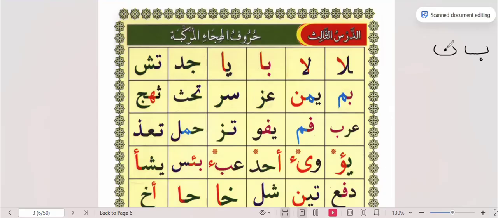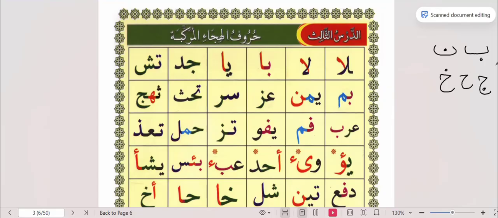Similarly, Jim, Ha, and Ha. Out of these three letters, Jim will always have a dot in the center, the tummy of Jim.